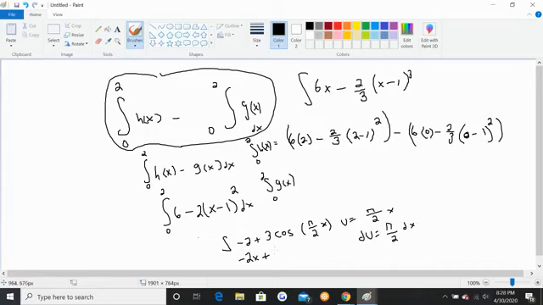So substituting the u into the equation gives you 3 cosine u, and then solving for dx, times pi over 2 dx.